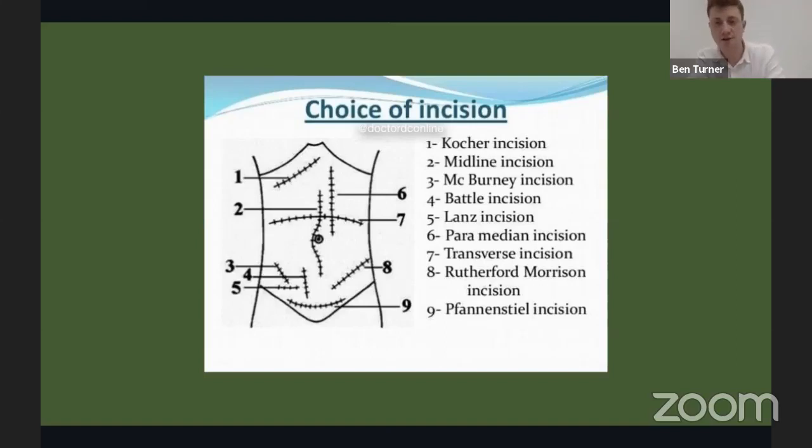You can have a flick through those in your own time if you want. Of particular note, I guess, the midline incision, the Kocher's incision for access to the liver, and Rutherford Morrison typically for accessing the external iliac vessels during kidney transplant.